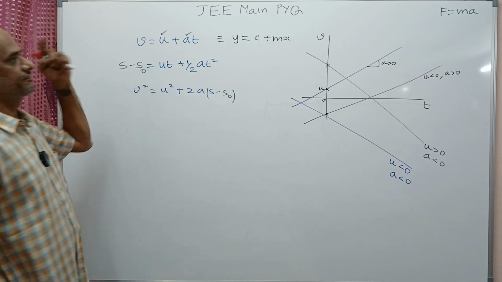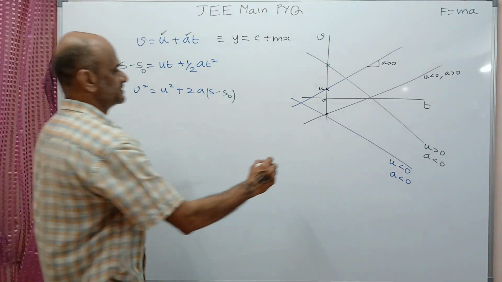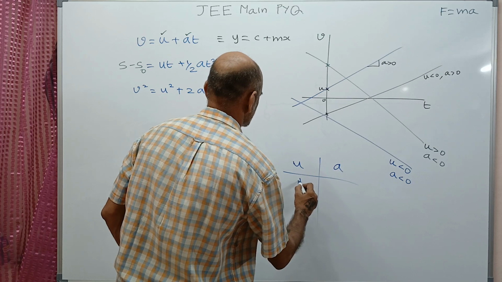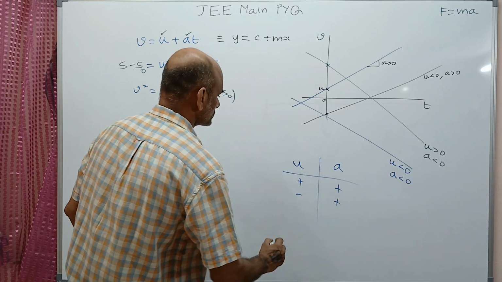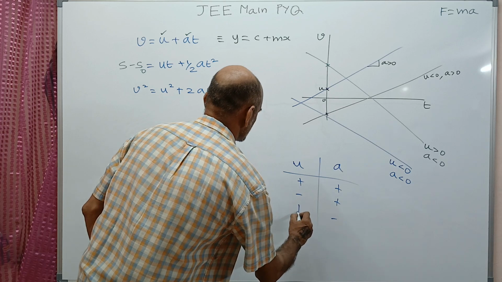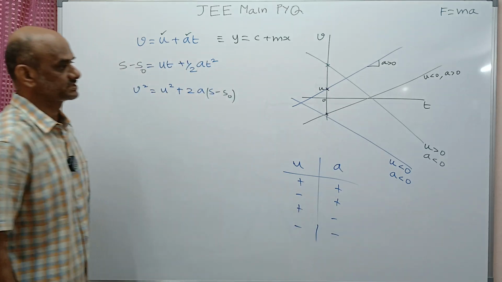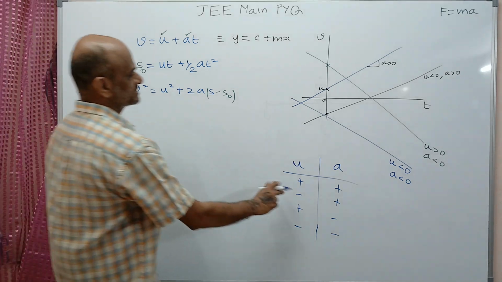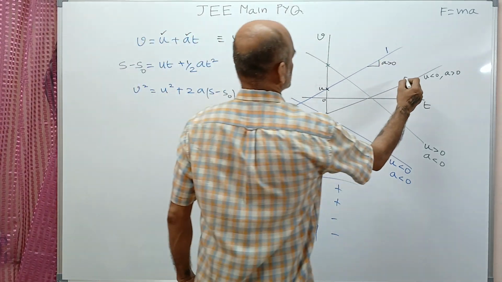So for this graph there are only four possible cases. Both u and a can be positive; u negative and a positive; u positive and a negative; and both negative. So the first one is this one, and then u negative is the second case.